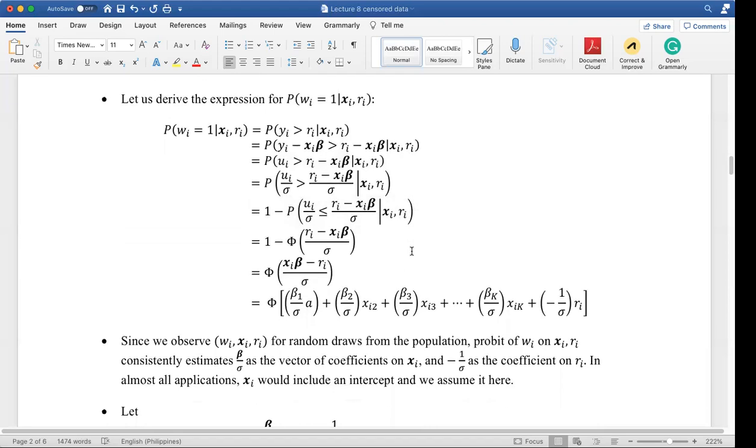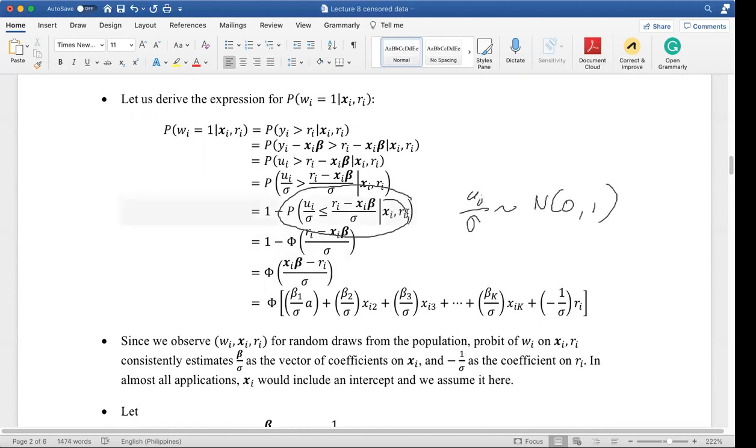If you look at this expression, we know that U sub I over sigma is normally distributed with mean 0 and variance 1. So this expression is just the CDF evaluated at R sub I minus X sub I beta over sigma.